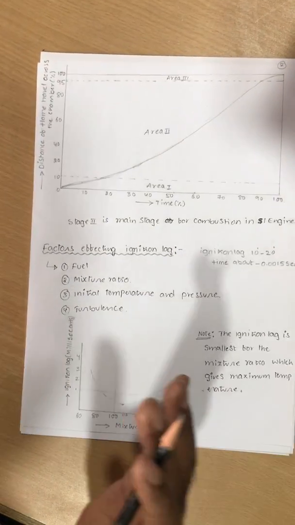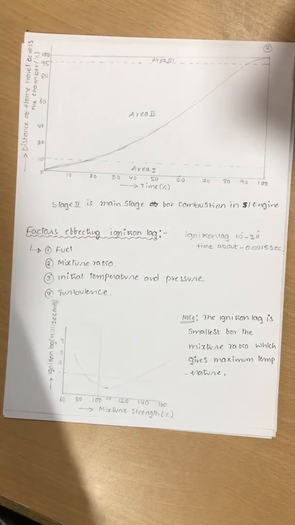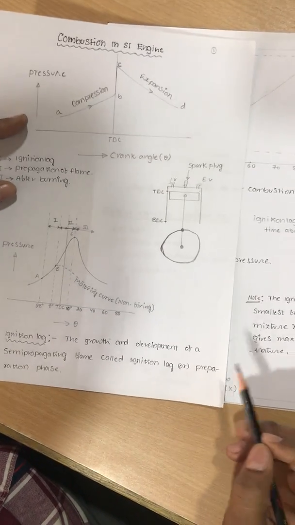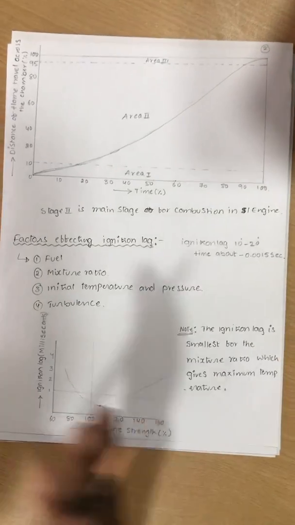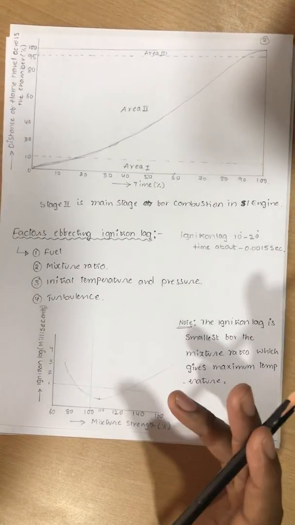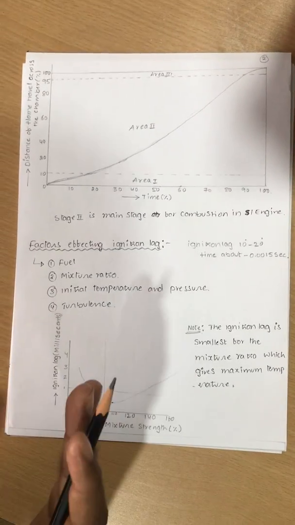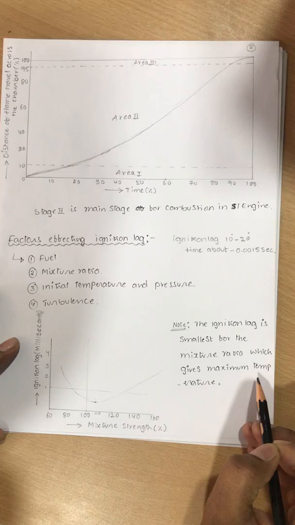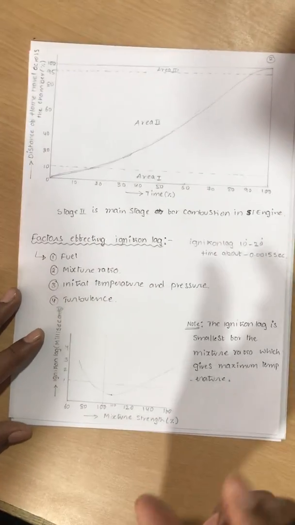Already I told you, the ignition lag is the preparation phase. If the temperature is more, more chemical reactions occur, and more chemical reactions mean lesser ignition lag. When ignition lag is small, that is very suitable for us. So to get less ignition delay, we need faster chemical reactions.